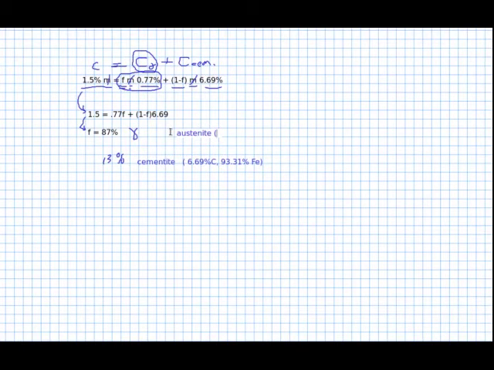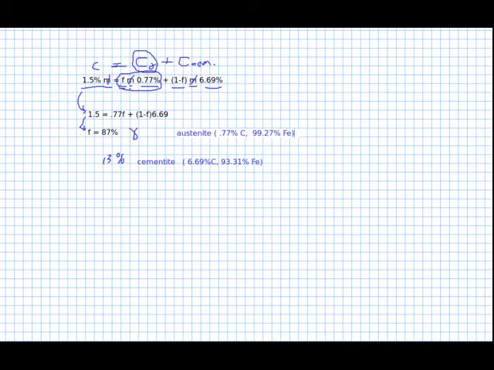So that's why we were able to read that number off the graph so accurately. It's 0.77% carbon, and then the remainder, which is 99.27% iron.